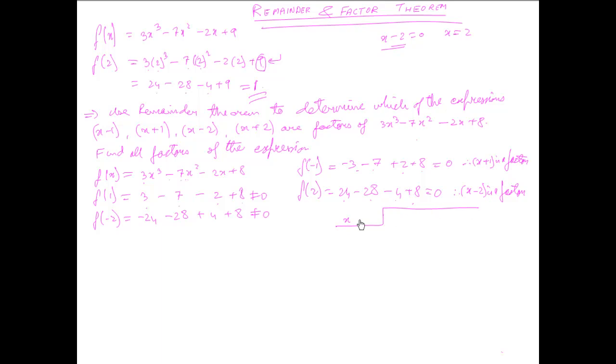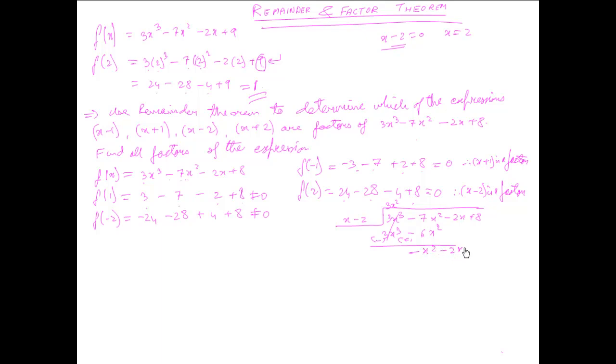So we have x minus 2 and that other thing, the quotient. That's 3x squared to give us 3x cubed minus 6x squared. Change signs.